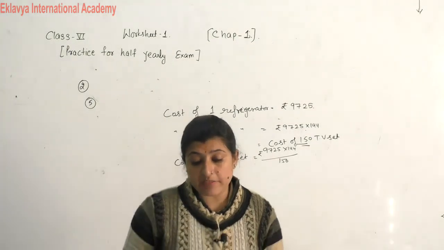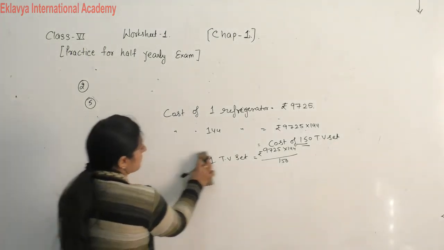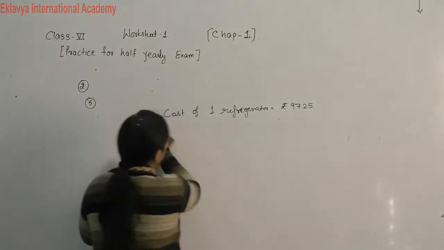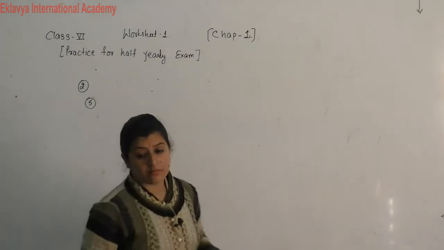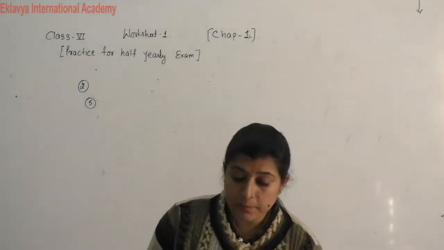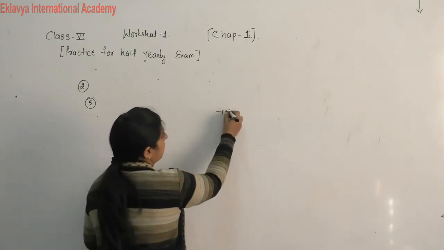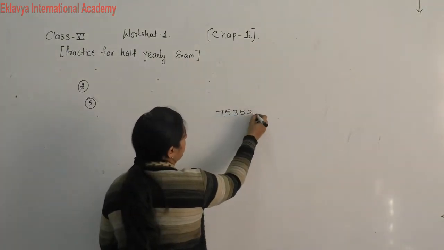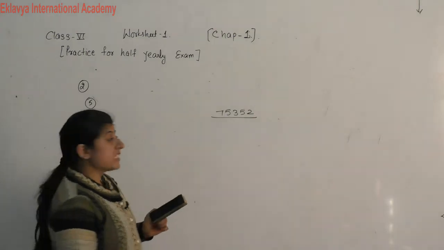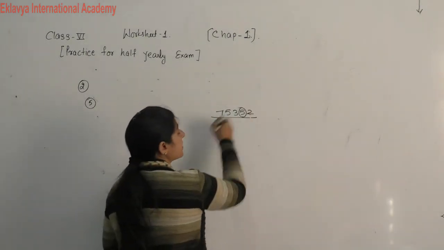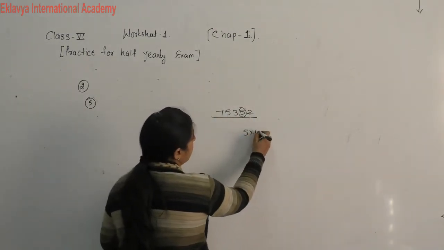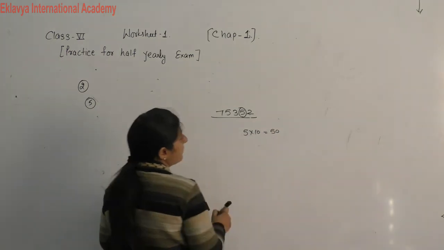Question number 11. The product of the place values of two fives in 75352. Place value. Here the five is at the tens place. It means the place value of this five is 50.